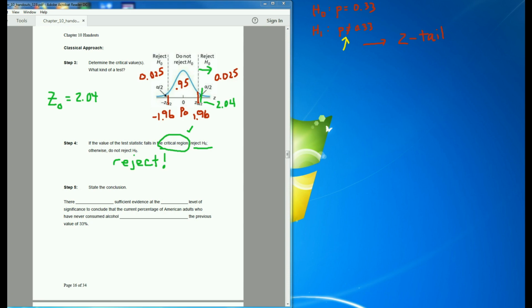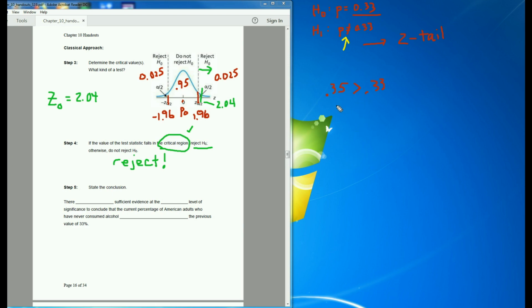And again, we went into this saying the previous value was 0.33. That's right here in the middle, 0.33. We got this sample data, and our sample proportion of people who had never consumed alcohol was 0.35. Just intuitively, we know that 0.35 is greater than 0.33, but that's not enough to tell us whether or not we can reject that null hypothesis.